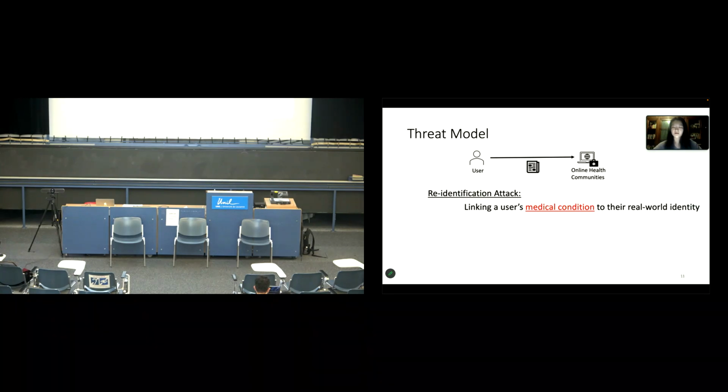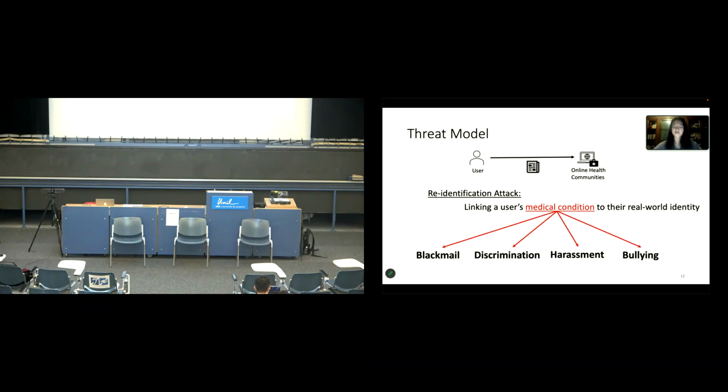In this work, we consider the threat model focusing on re-identification attacks of linking a user's medical condition to their real-world identity using those publicly available data in online health communities. If those medical conditions are leaked, it may lead to personal attacks such as blackmail, discrimination such as during job search, harassment, or bullying.